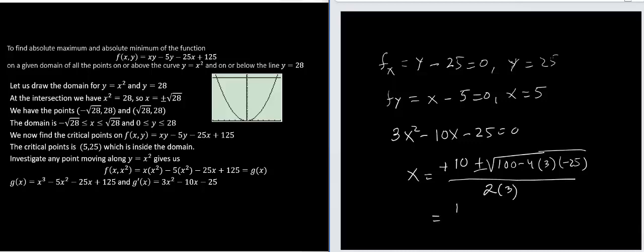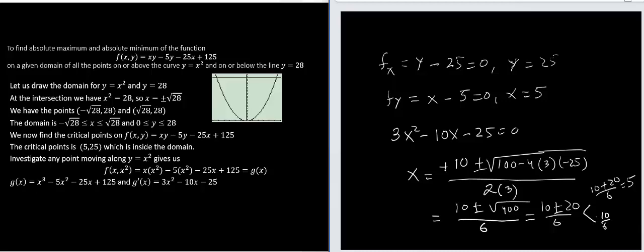Now if you simplify further, you can see 10 plus or minus, inside we are getting 400, over 6. So this is basically 10 plus or minus 20 over 6. Now if you find two values here, 10 plus 20 over 6 gives you 5. And then 10 minus 20, which is negative 10, so negative 10 over 6, and the simplified version will be negative 5 over 3, right?